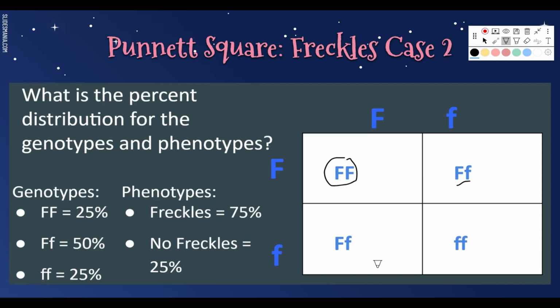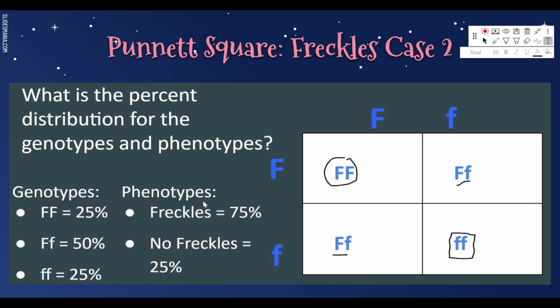And then the no freckles one, the one with two little f's, homozygous recessive, is 25%. So homozygous dominant is 25%, heterozygous is 50% because of this one and this one, and homozygous recessive is 25%.